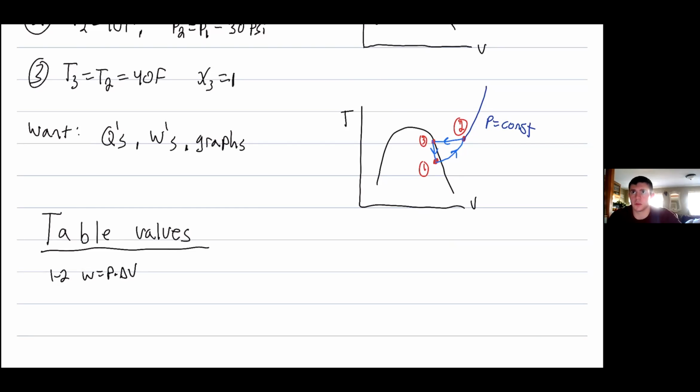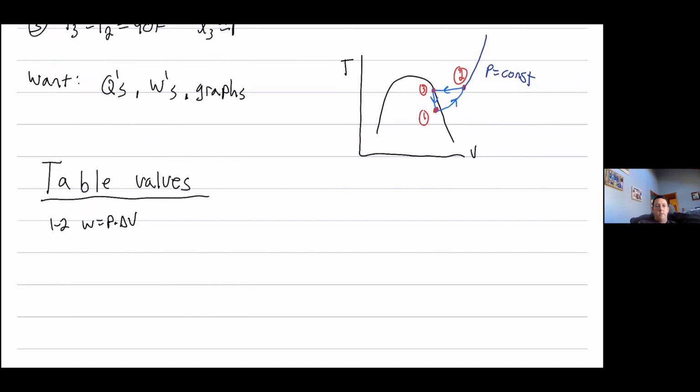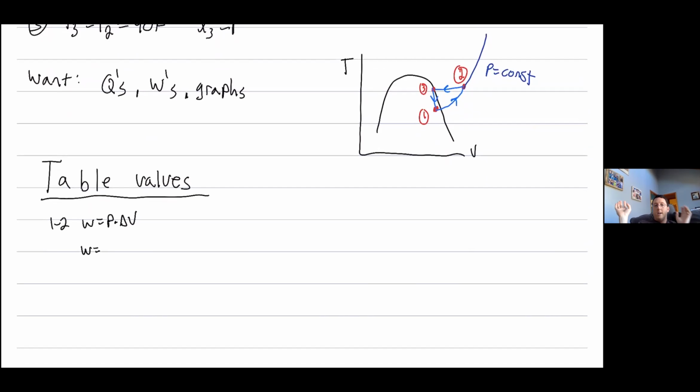So why don't you write that down? There's an alternate way: Q minus delta U. And what is the heat for an isobaric process?